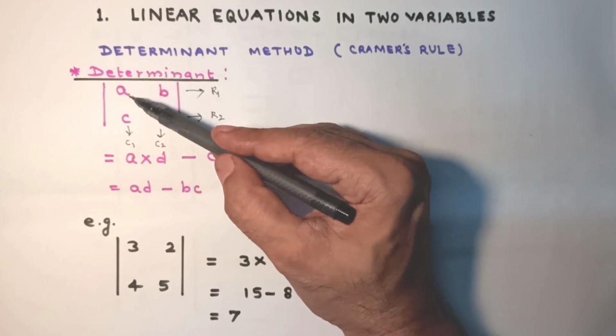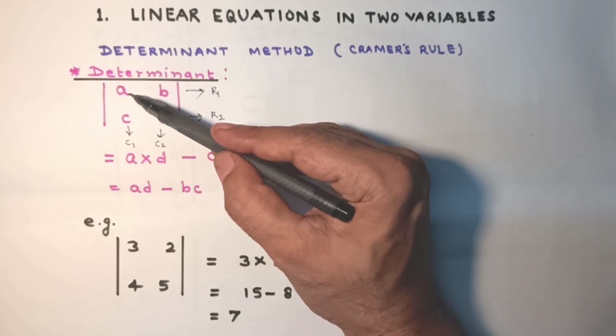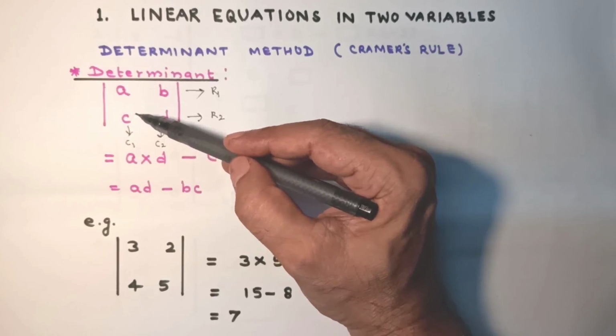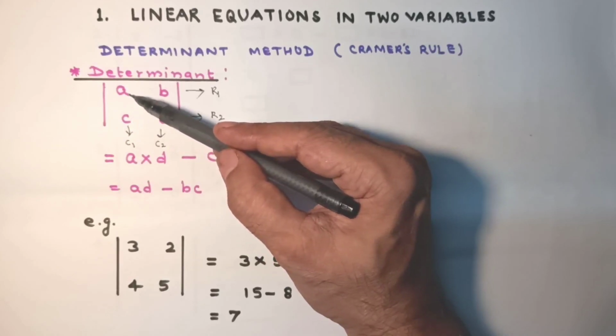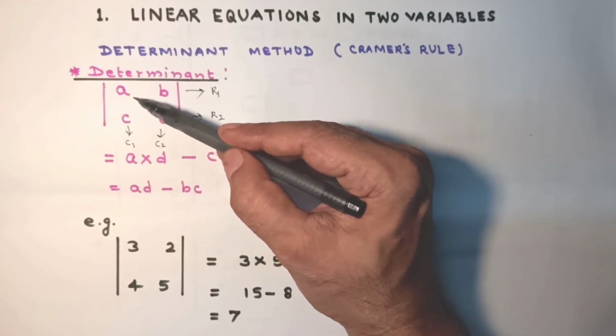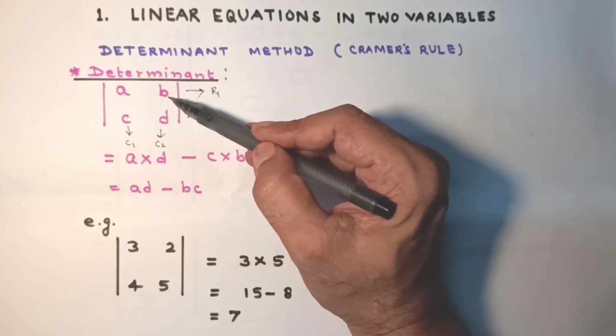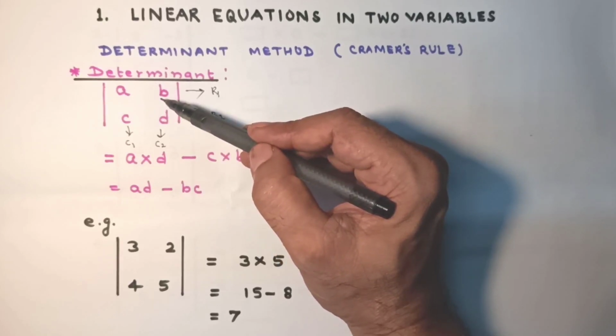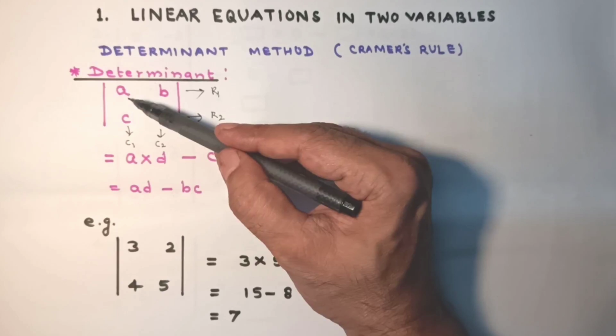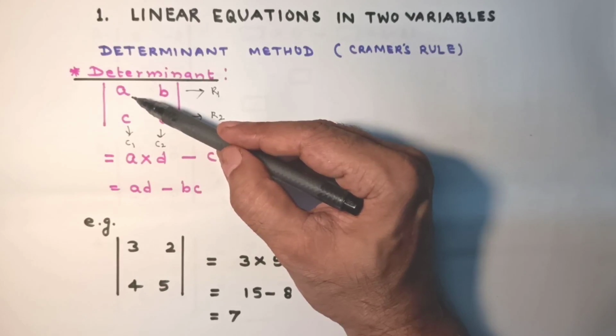Now this will be in the first row and first column, so it can be said as A11 also, where the first number represents the row and the second number the column.